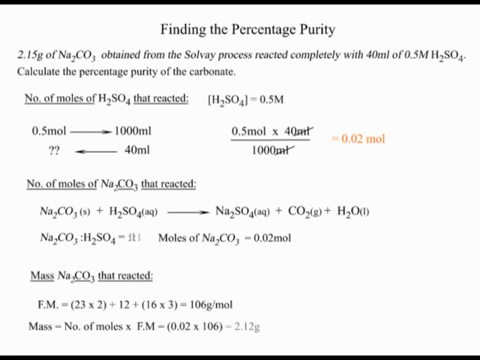That gives us 2.12 grams. So 2.12 grams is the active mass, but we had a total mass of 2.15. So the percentage purity will be given by 2.12 over 2.15 times 100. That gives us 98.6%.